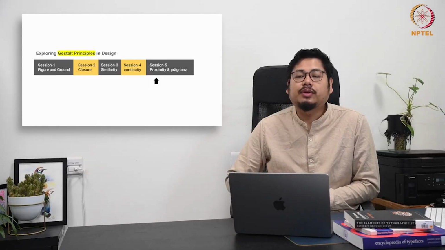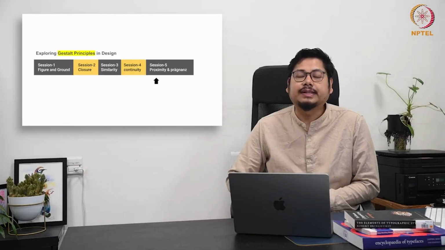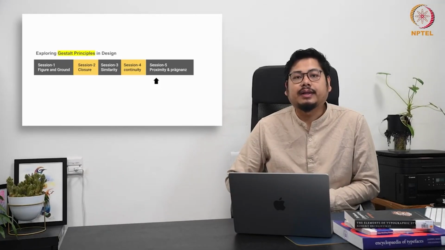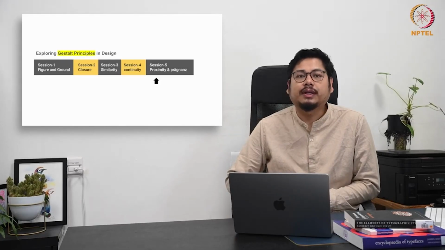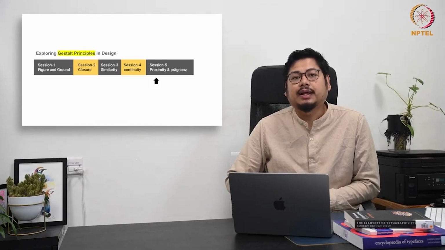We also looked into multiple case studies of how continuity can be implemented and has been implemented in visual compositions, including print publication, product design, branding, marketing, and logo design.